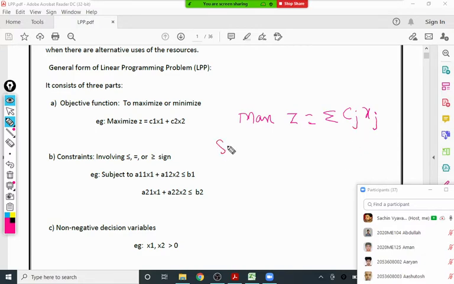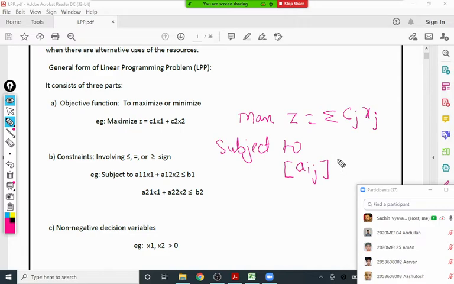Subject to the condition, the matrix Aij, whose coefficients are a11, a12, a21, a22. Right now it is a 2 by 2 matrix.